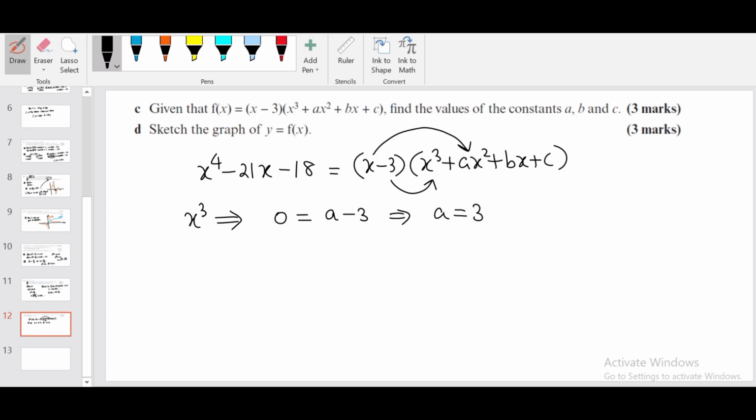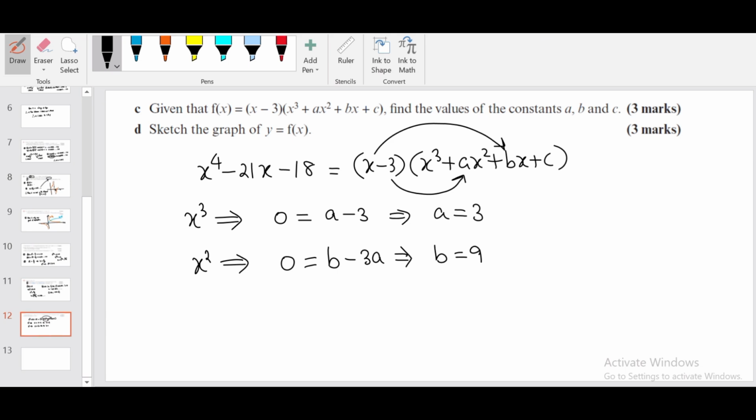Okay, comparing the coefficients. You understand this? I'm going to compare the coefficient of x squared now. There is no x squared here, 0. You will get bx squared, so b, minus 3a x squared, so minus 3a. Sub in the value of a here. b minus 9 is 0. b is equal to 9.